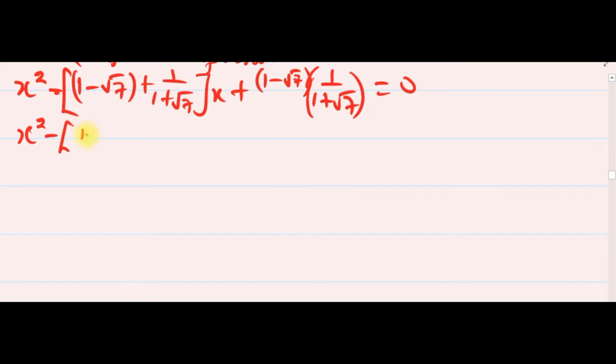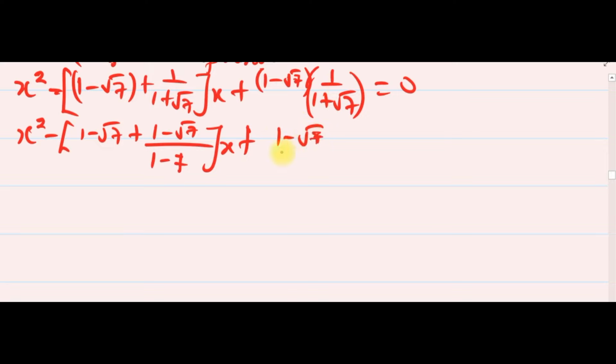So we have 1 minus root 7 plus, rationalizing this, 1 minus root 7 over the difference of two squares, 1 minus 7. I rationalize by multiplying by its conjugate, which is 1 minus root 7. Then plus the product, 1 minus root 7 over 1 plus root 7, equal to 0.